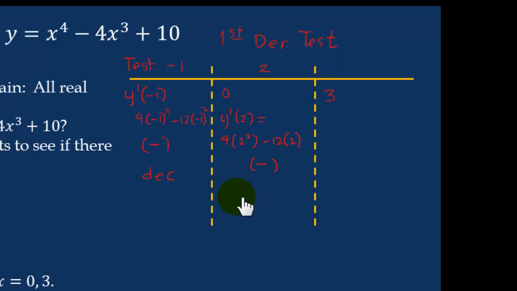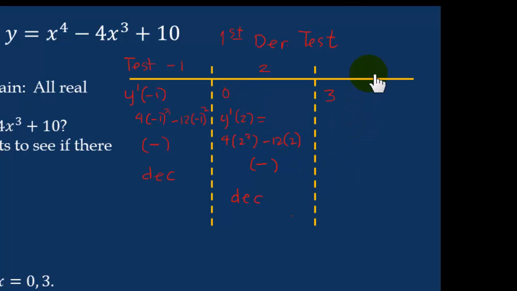Which means it is still decreasing on the interval from 0 to 3. Since there is no change of sign of the first derivative to the left of 0 and to the right of 0, x equal to 0 is not a local minimum or local maximum.